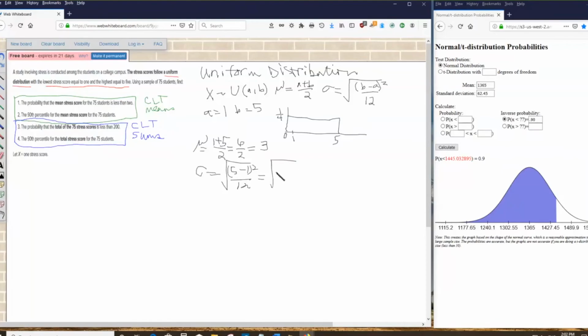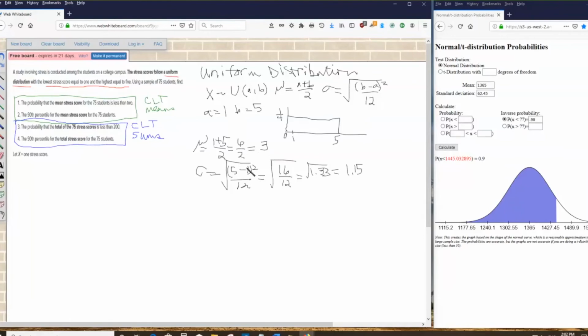So that's the square root of 4 squared, which is 16 over 12, so the square root of 1.33, which gives me 1.15. So my original standard deviation is 1.15, and the original mean is 3.